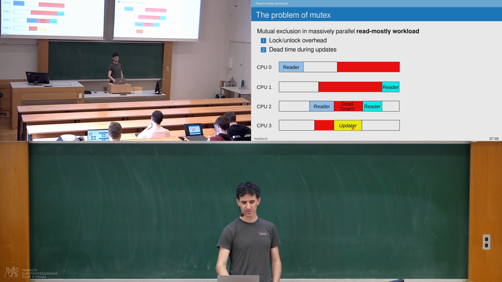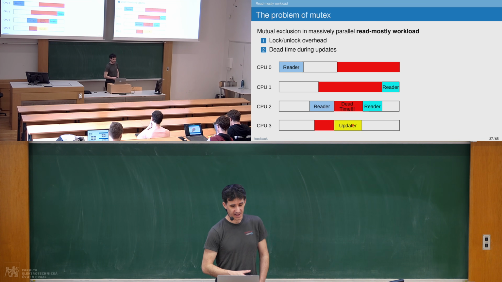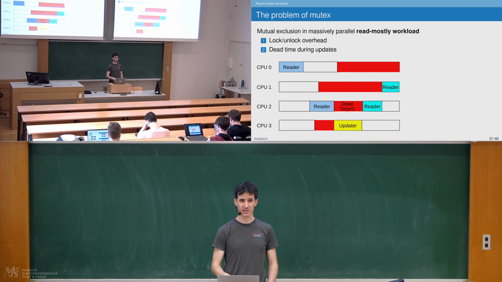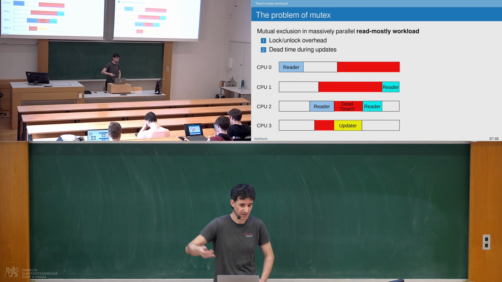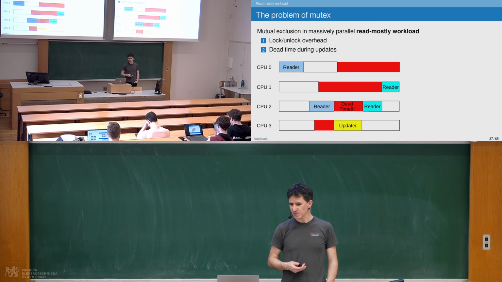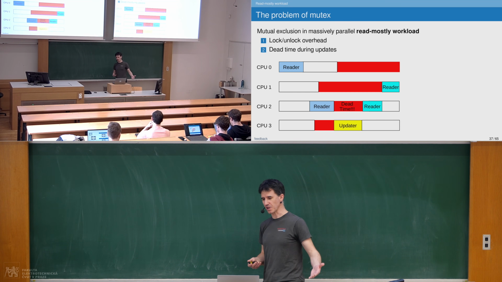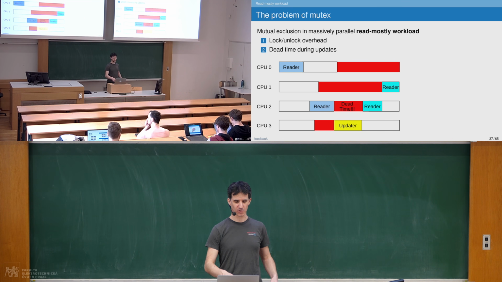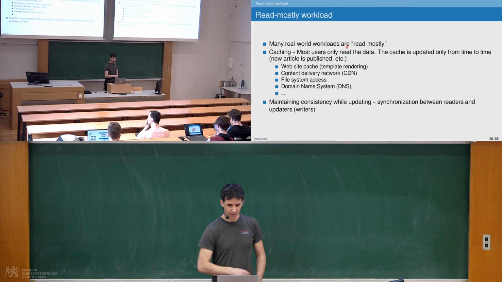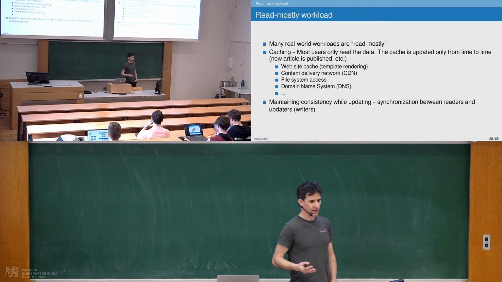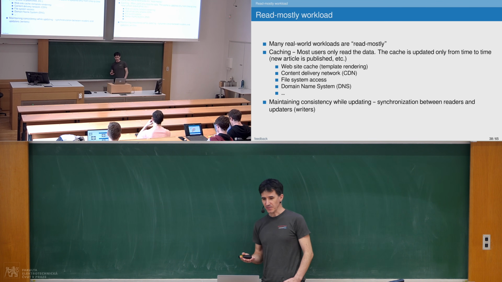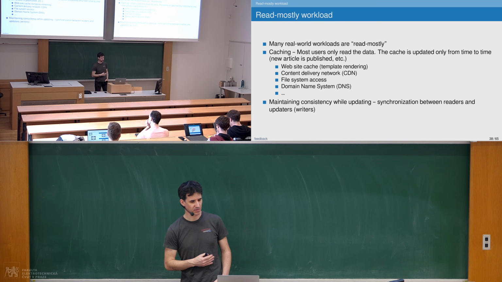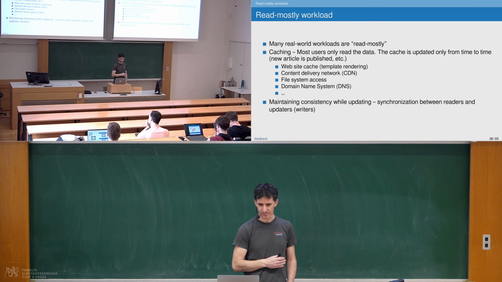Then there is an updater, and basically at any time there is just one CPU which can execute something useful. That's clearly the problem of mutex. Mutex means mutual exclusion, but we don't want mutual exclusion for read mostly workload. We would like to read as much as we can, and only wait if we are updating the data.